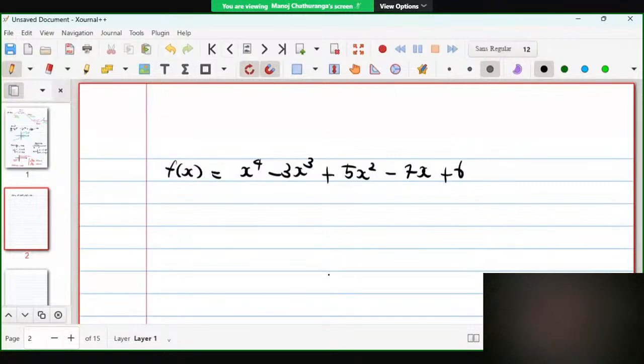We know the derivative of all these singletons. Derivative of x to the fourth power is 4x to the third. And likewise, we can differentiate all these terms separately. But to differentiate the whole function, still we need to use the limit definition.